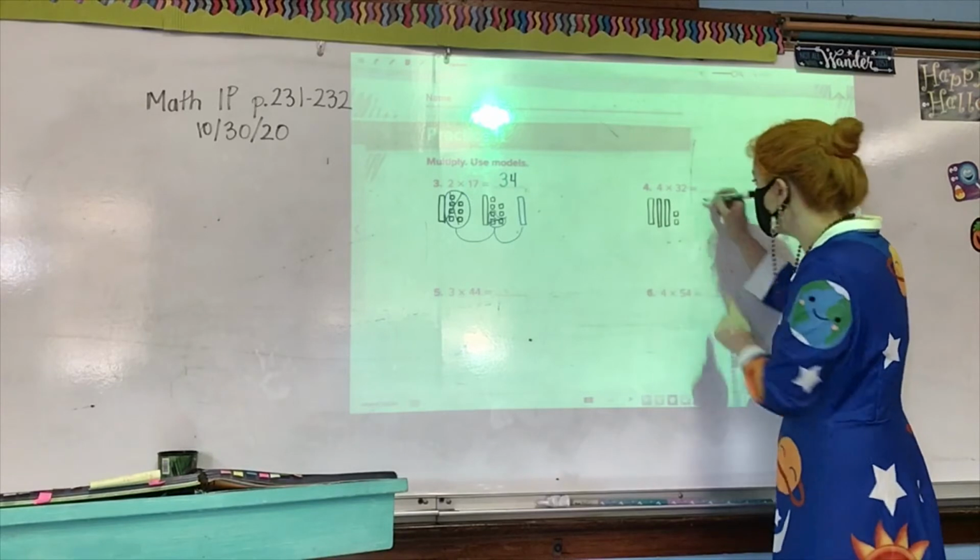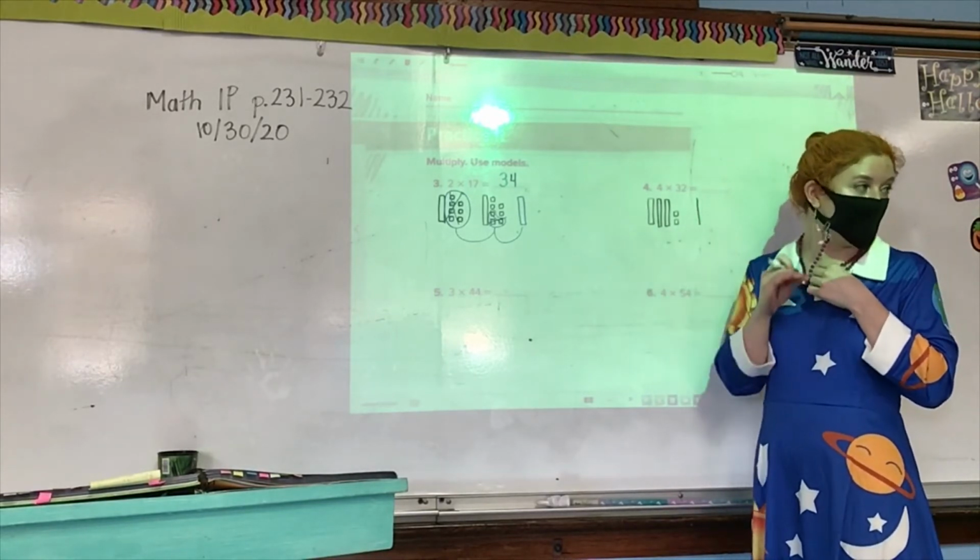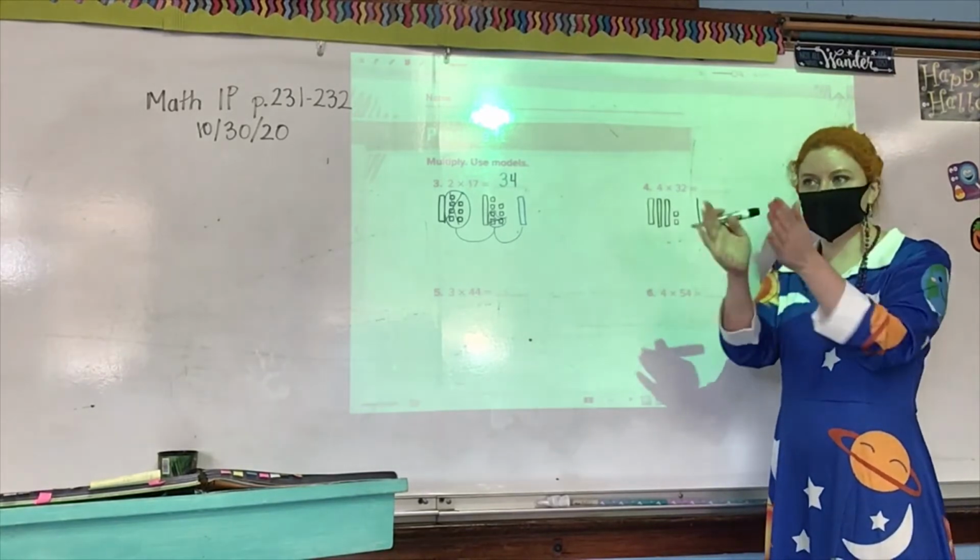So I've got 1. Make sure to give yourself space between the models so you don't accidentally combine them.